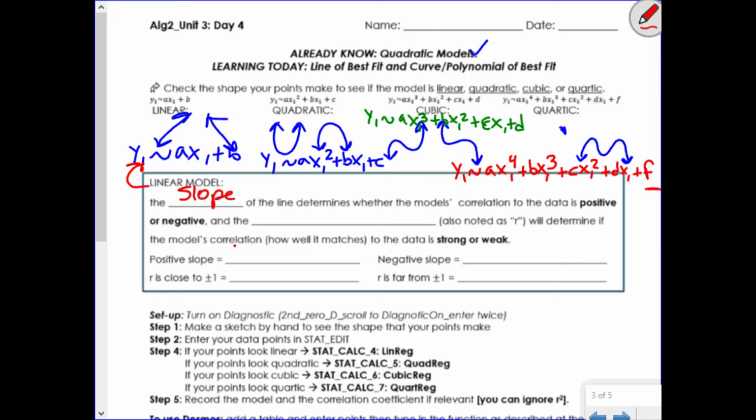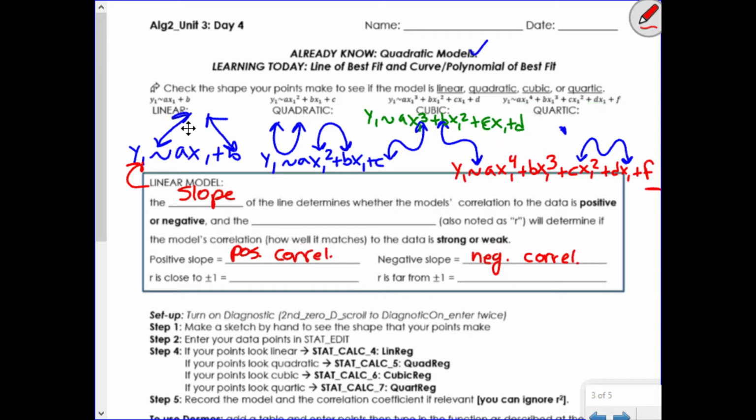If it's a positive slope, it's a positive correlation. If you have a negative slope, you have a negative correlation. Correlation just means how do they match up, how are they related to each other.